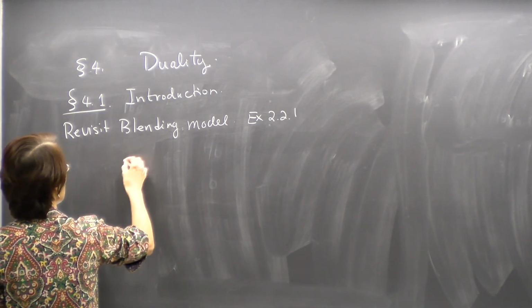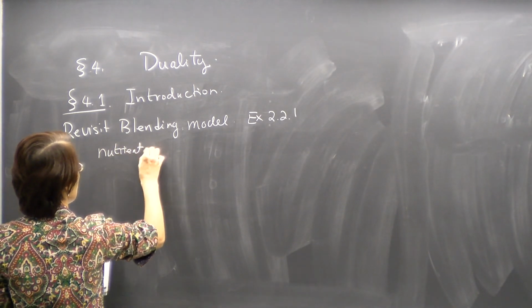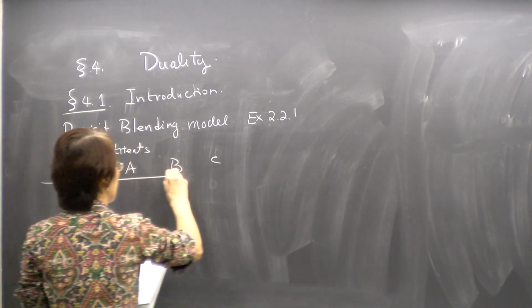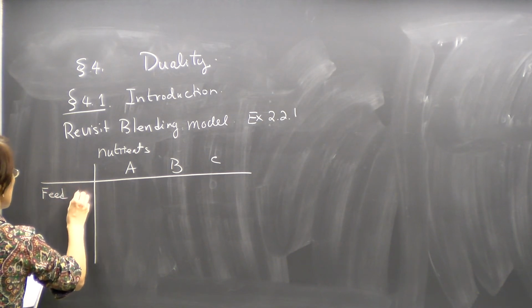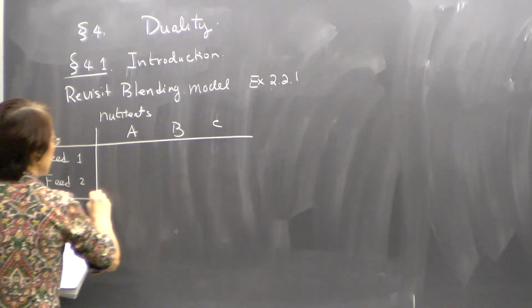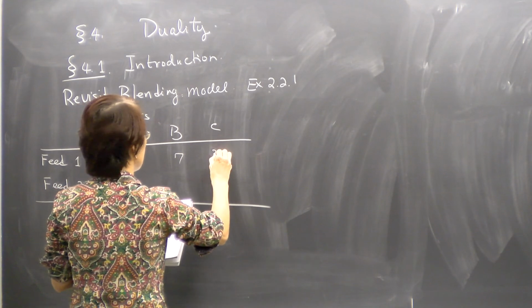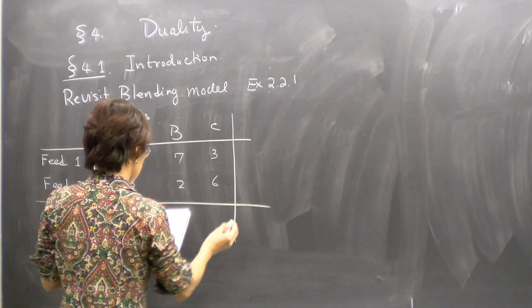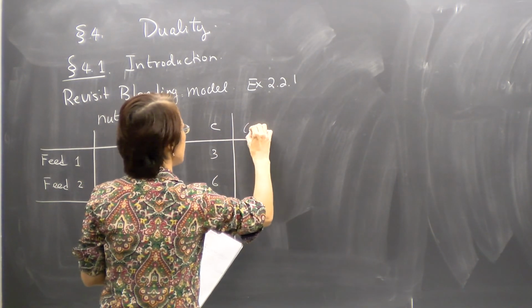I have nutrients, important ones, A, B, and C. And on the market there is a shop that sells 2 feeds, feed 1 and feed 2. And here's a table of the nutrition values: 3, 7, 3, 2, 2, 6. And then for each feed there is a cost.